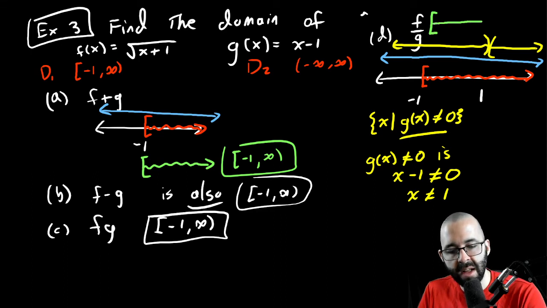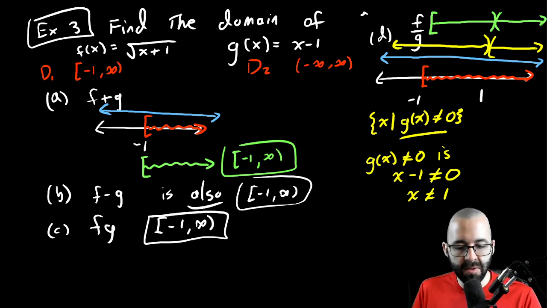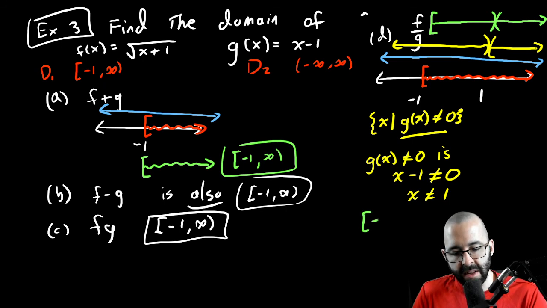And then overlap, overlap, overlap, and then, oh, we can't be positive 1 either. And then all three sets overlap here as well. So this green answer, just like before, is our intersection. It's our final answer here. Our answer is going to be the set from negative 1 to positive 1, union positive 1 to positive infinity.